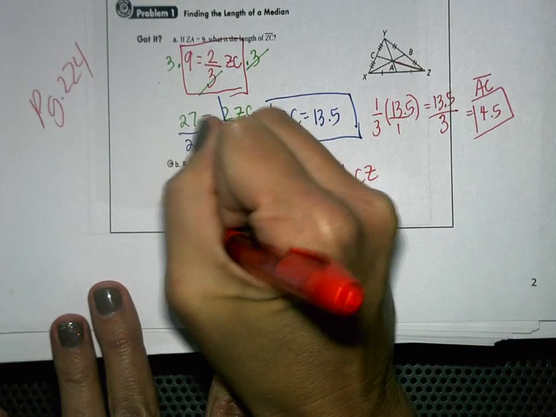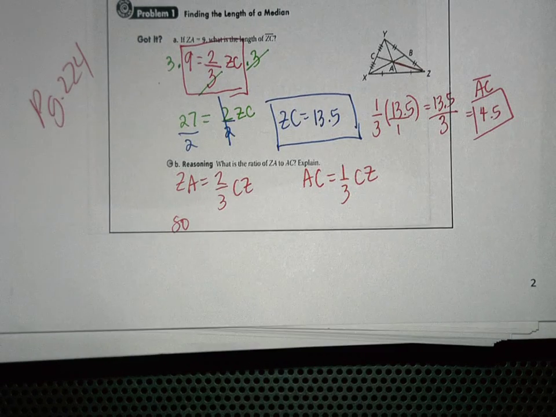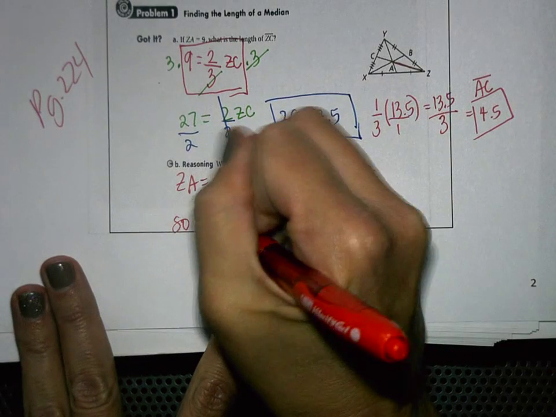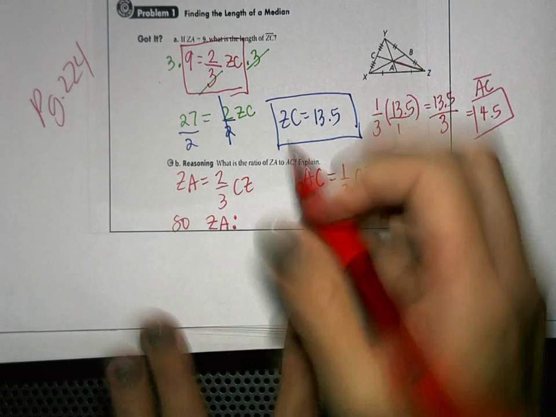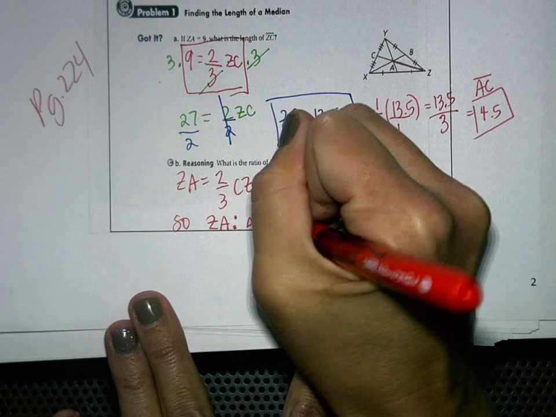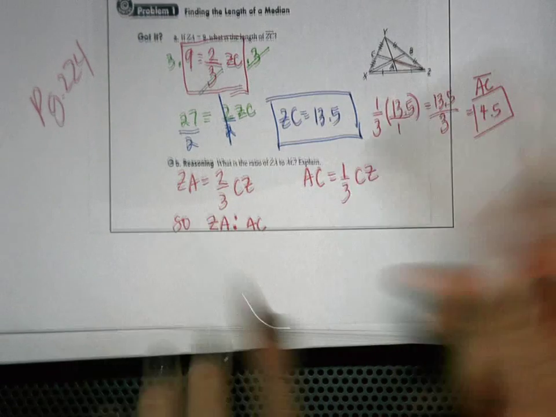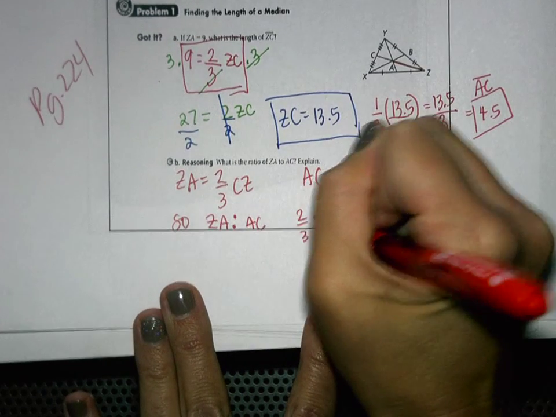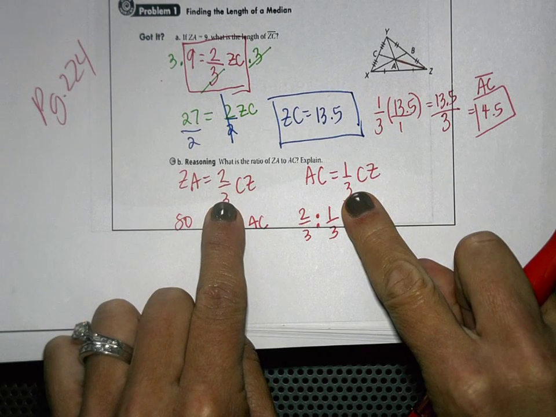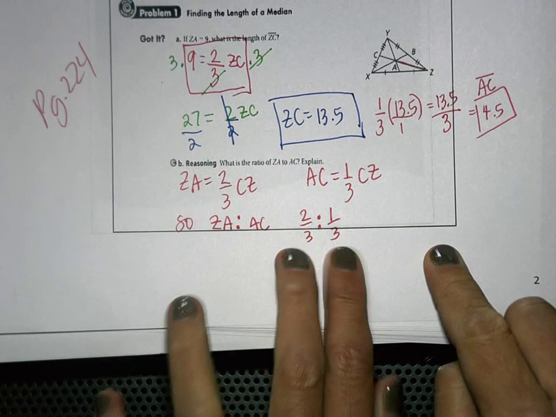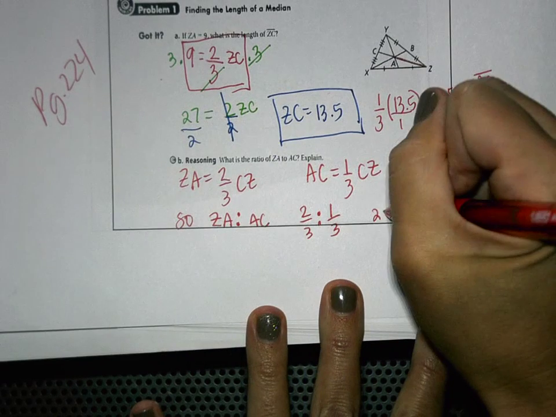So what that means, if we are comparing the two, if we are taking ZA compared, normally you do the colon like that, like it's a ratio, ZA to AC, it is really 2/3 to 1/3. Can you see how these are here? And then you can actually take away, since they both have the same denominator, it is really 2 to 1.